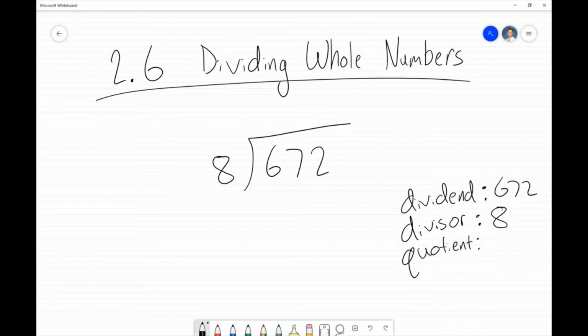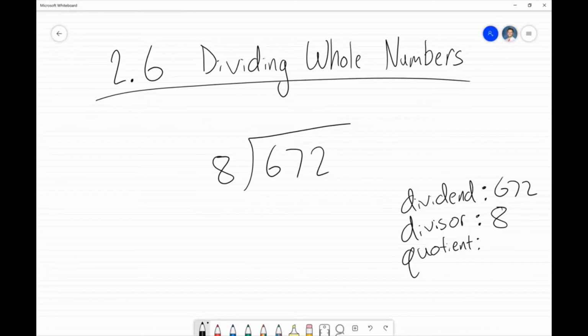So, in order to solve this problem, we can start by finding how many times 8 goes into, we'll start with the 6 here, how many times 8 goes into 6, which we can see 8 does not go into 6. We cannot multiply 8 by a number and get a number that's less than 6. So we can move on and look at 67.